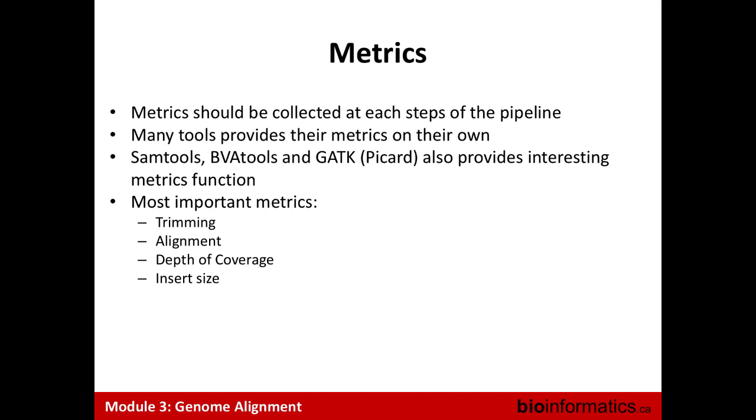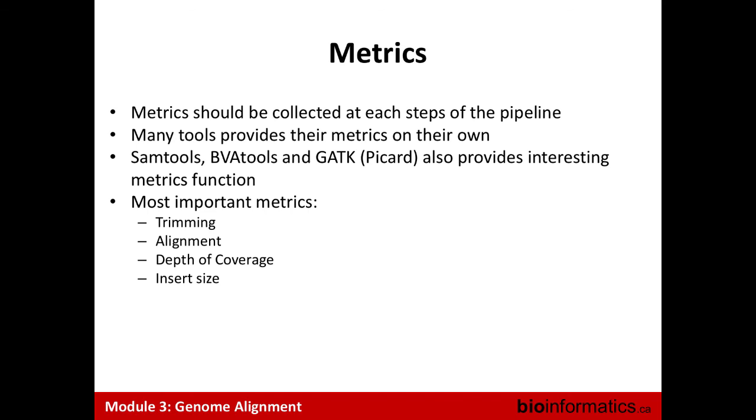First, the metrics of the trimming: how the trimming went, how many reads I lose. Second, alignment metrics: how many reads, the percentage of alignment, to be able to check my reference. Third, metrics on the depth of coverage. When I design my experiment, I design for having, for example, 50x of coverage.